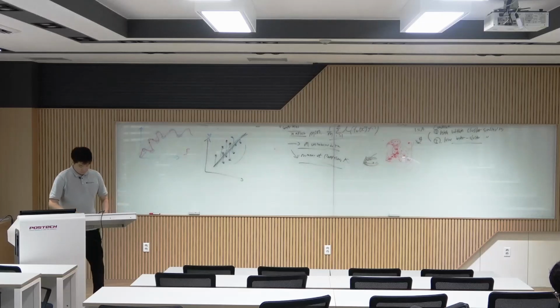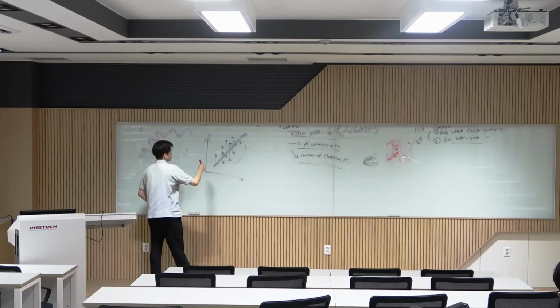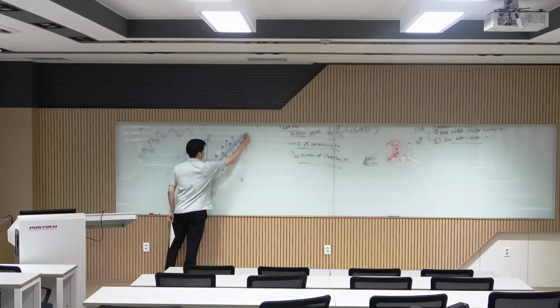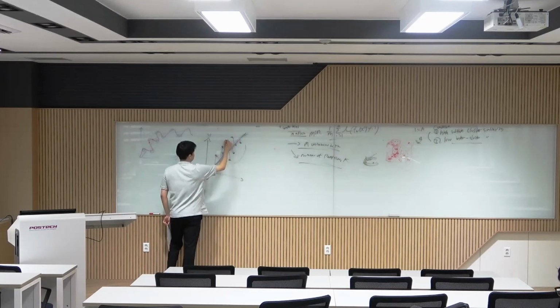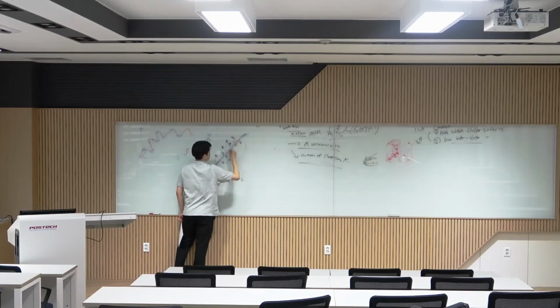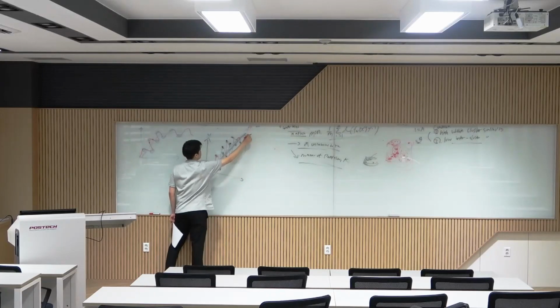However, the PCA algorithm does not consider this y vertical distance, but it considers the real distance from this principal component to that point, okay? So PCA considers the distance that is perpendicular to its own principal component, okay?